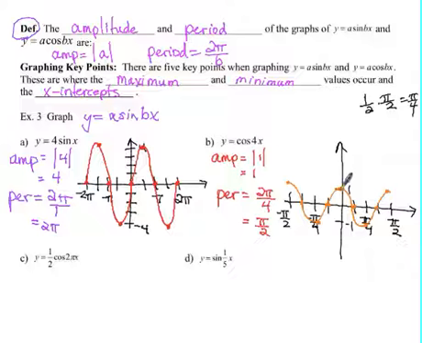It's not 2. Anna, how many? There's 4, because from 0 to pi over 2 is 1. There'd be another one from pi over 2 to pi. There'd be a third one from pi to 3 pi over 2. And a fourth one from 3 pi over 2 to 2 pi, okay? So it's really like there's a whole bunch of them in there. But the way that I'm teaching you how to graph these, it's making it as simple as possible, okay?